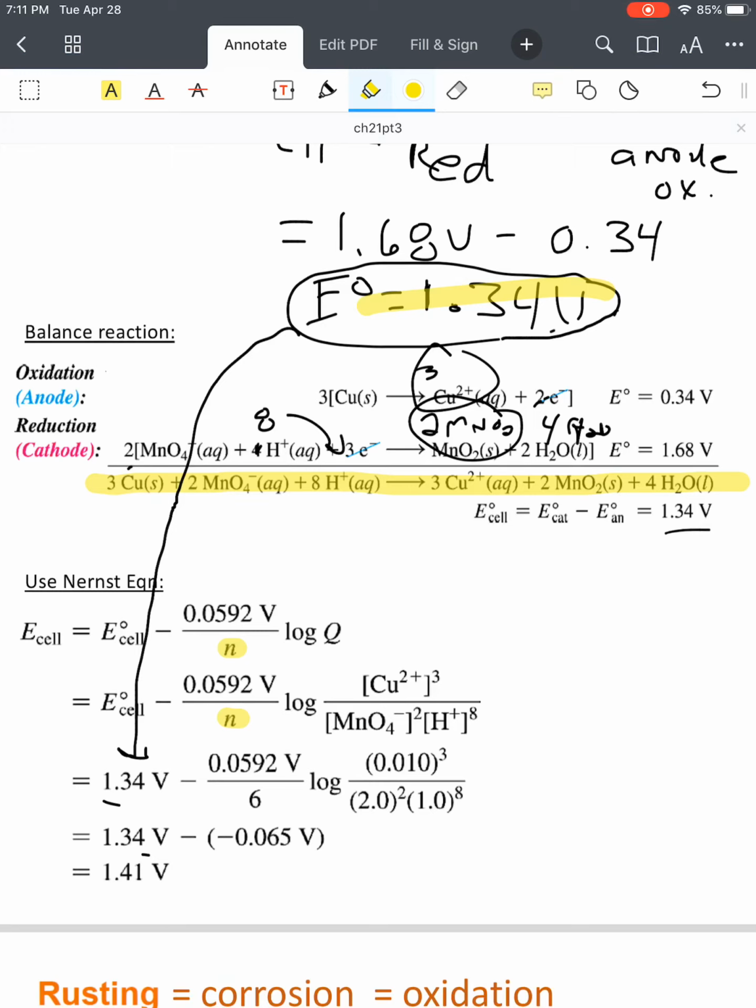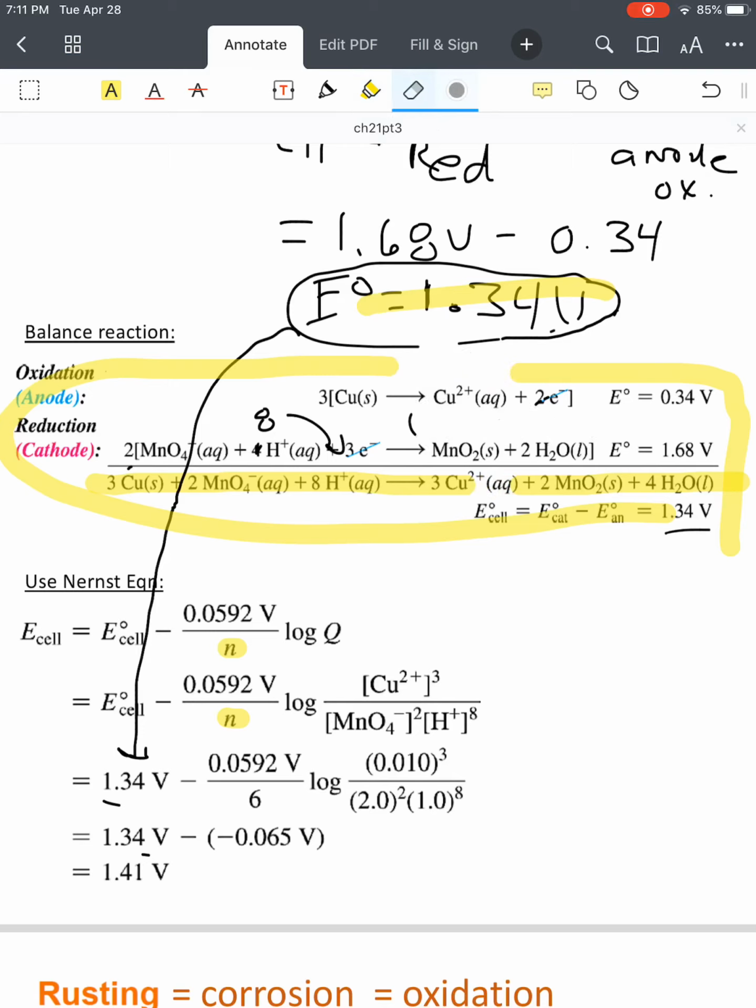Remember, that's the number of electrons that are transferred in the balanced chemical reaction to make it run as it's written. Finding n is why we have to go through this process of balancing the reaction and why it's so important, okay? I want to look back at that. How many electrons were transferred and involved in balancing this reaction as it's written?